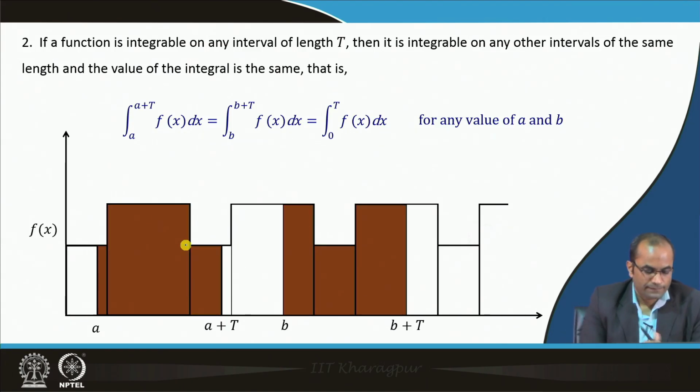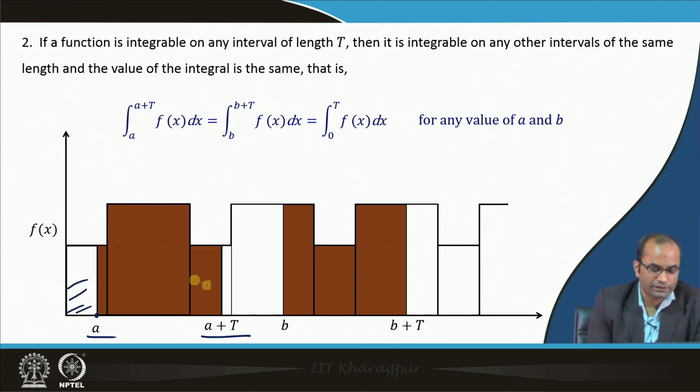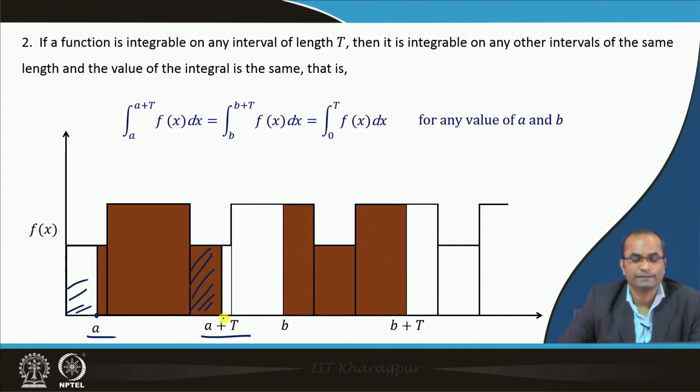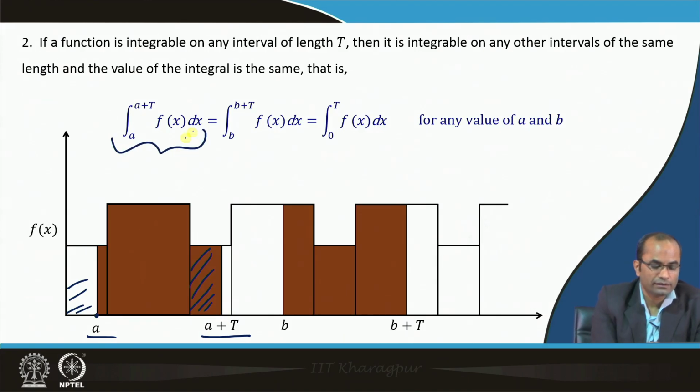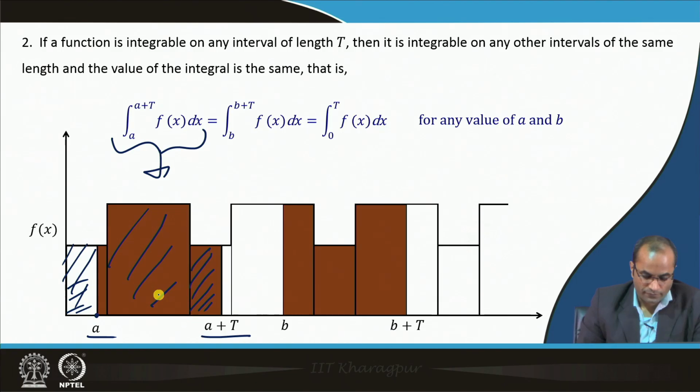So, if we integrate from a to a plus T, what is interesting here is that we started at this point a and then covered this period T. Whatever portion was left here we have covered actually here, between this a plus T. So the area under this curve f(x) is going to be the area of these two rectangles, one this one and the other one this one.